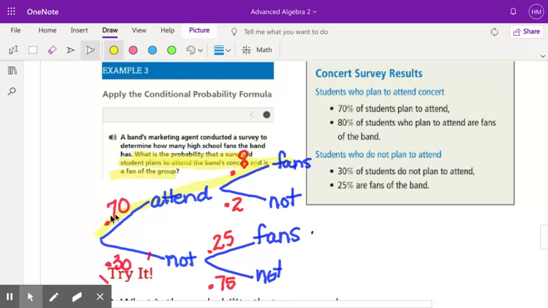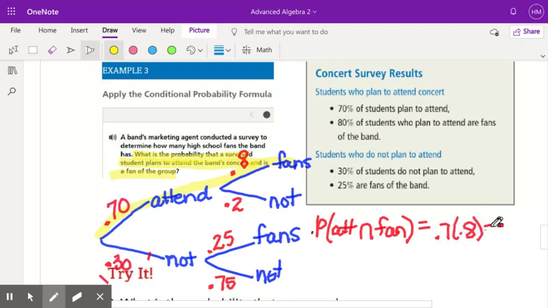So that means they're asking me the probability that they attend, I'm going to abbreviate attend ATT, and they're a fan, is, I multiply these two together, 0.7 times 0.8, which is 0.56. Cool.